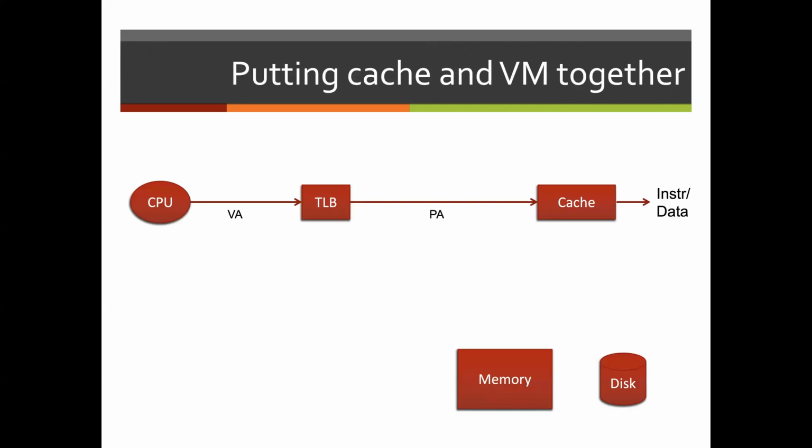Let's consider the mechanisms that need to be in place in order to put our TLB and virtual memory together. We previously introduced the TLBs, and we also had our virtual page numbers, with the TLB utilized to return the physical frame numbers.